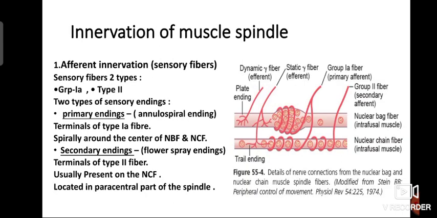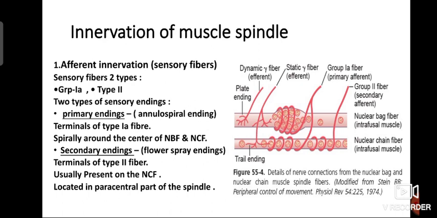Now the innervation of the muscle spindle. First is the afferent innervation, the sensory fibers. Sensory fibers are of two types, group 1A and type 2. There are two types of sensory endings, primary ending and secondary ending. The primary ending is also known as the annulospiral ending.